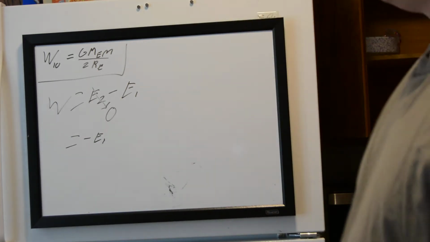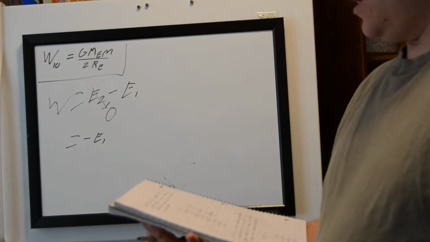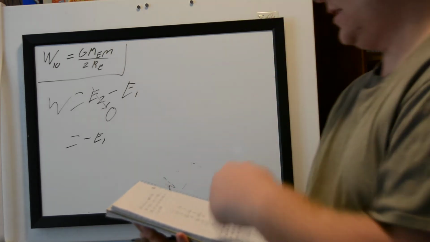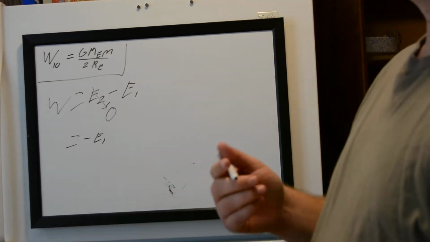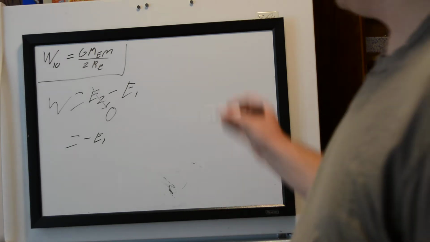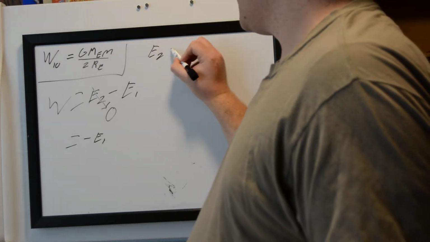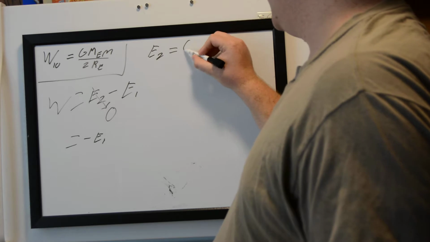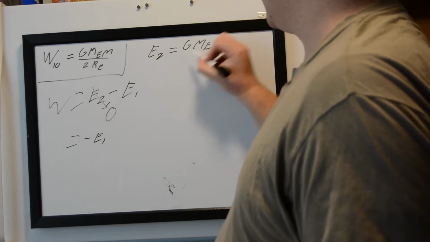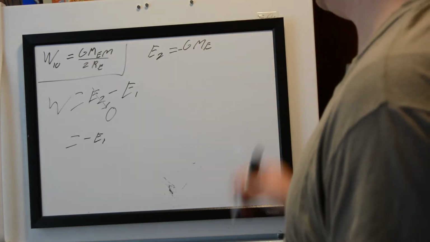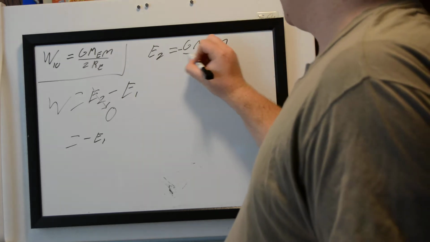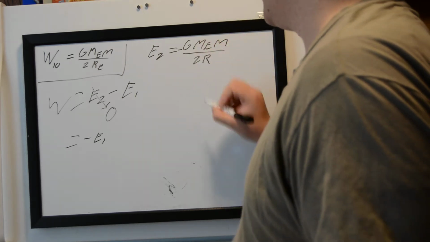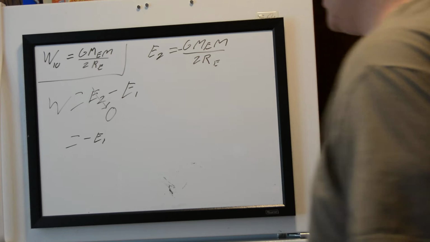And we remember from part A that our E1 in this case is our E2 from before, because that's our starting point, and our E2 was equal to negative gravitational constant, mass of the Earth, mass of the particle over 2r, radius of the Earth.